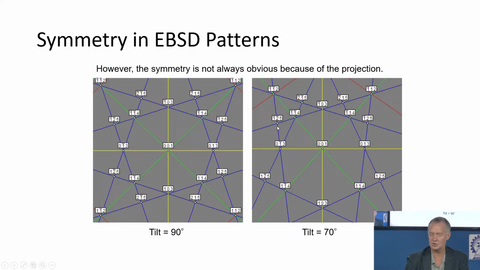So this triangle should look the same as this one, which it doesn't, right? That's because you have this projection that distorts your pattern, and you have this geometry that you have to deal with. So typically we don't see this nice symmetric pattern. You usually see some kind of distortion. It's called a gnomonic projection, G-N-O-M-O-N-I-C. So you see the distortion.